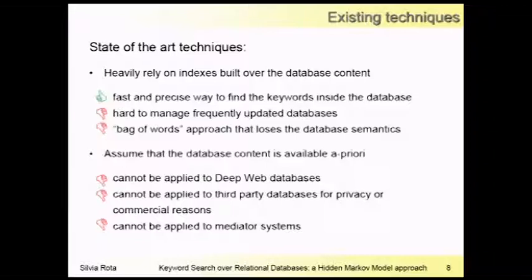But it's not possible to access the content in many other cases, like in databases present in the deep web, because they provide only a query form as interface, or they cannot be applied to databases of third parties for any possible reason, or even in mediator systems, because mediator systems are transparent. You cannot access the content of the data sources.